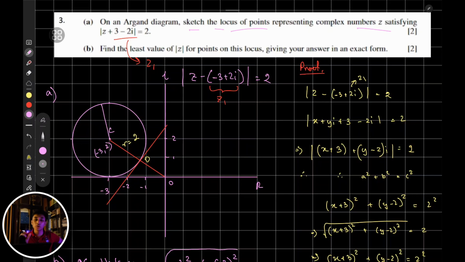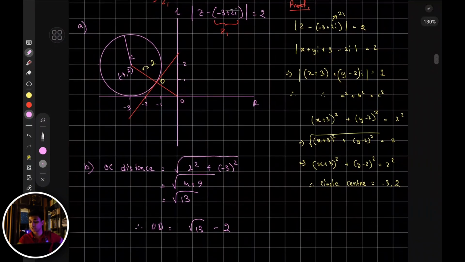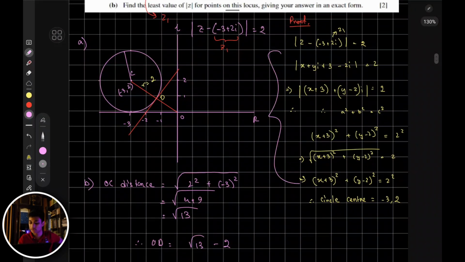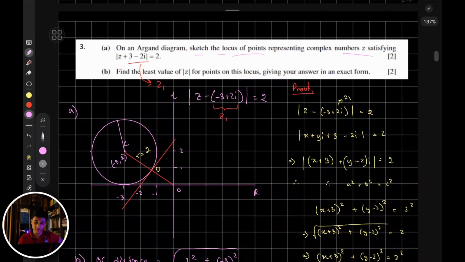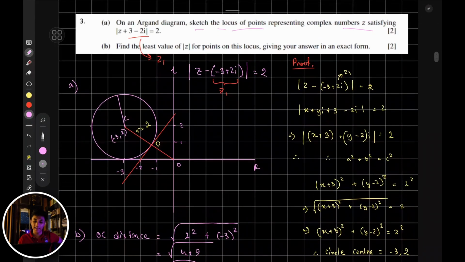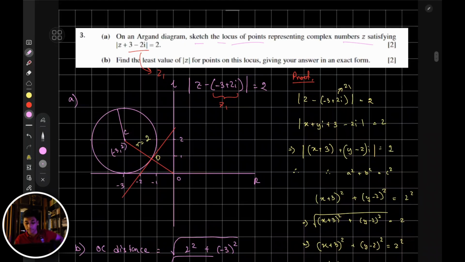So this is going to be a circle with center -3 and 2 with radius of 2. And the proof of getting this is over here. Great. So center -3, +2, radius 2. Great. So you've drawn a circle and you've done part A. That is basically the point of A.